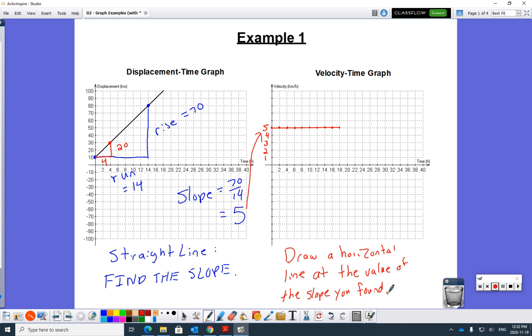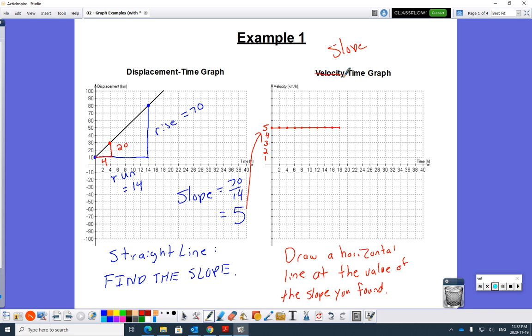This graph is showing we're going up by 5 kilometers every hour, but because this graph's a velocity graph, it's showing 5 kilometers an hour all the way across. They're really showing the same thing. There's like this moment when you're looking at them going, oh, it's the same information, just represented in a different way.